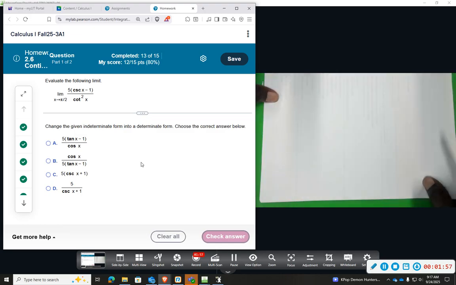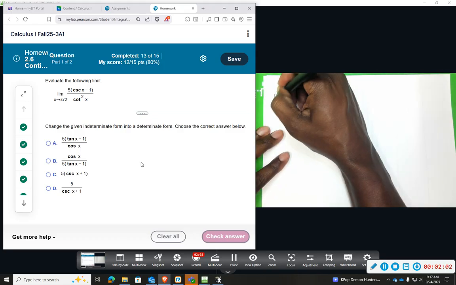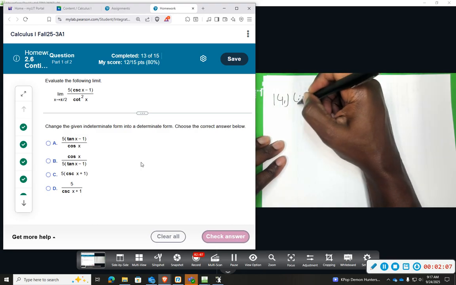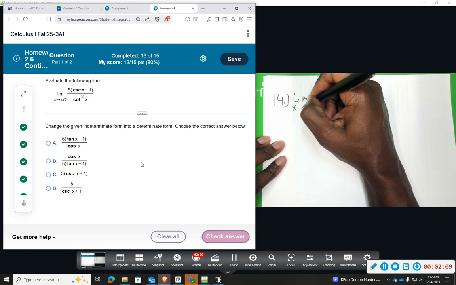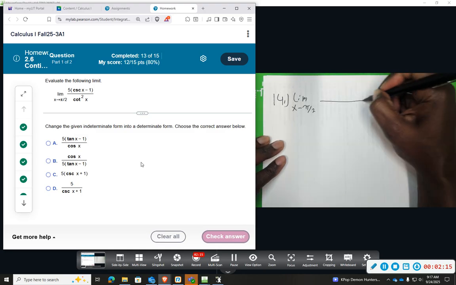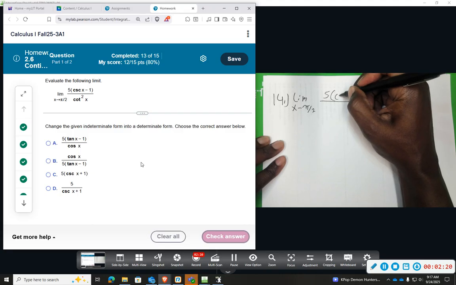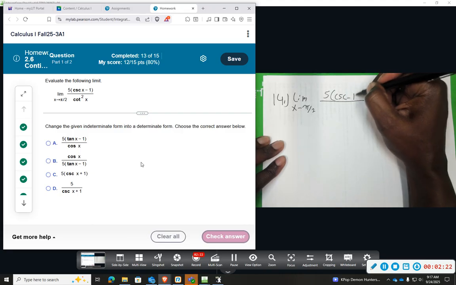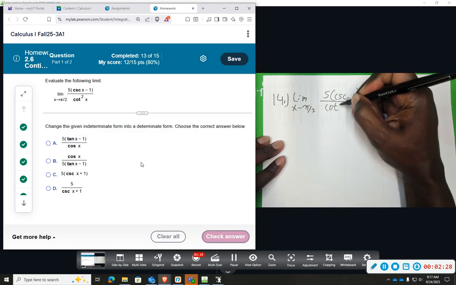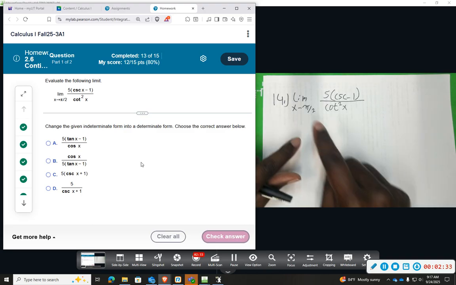We have the limit as x goes to pi over 2 of the rational expression 5 times cosecant x minus 1 over cotangent squared x.